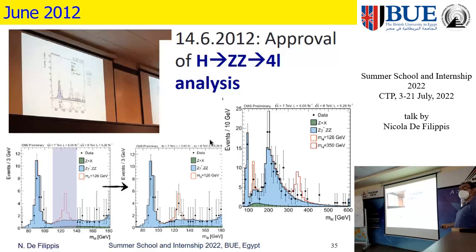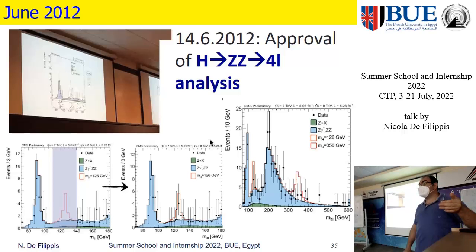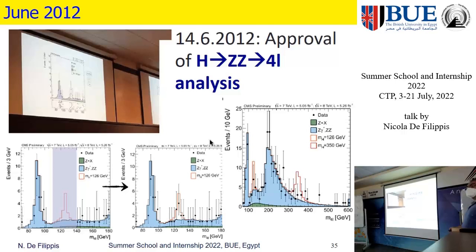This is what we call a blind analysis. So you don't want to be biased by the fact that there could be a potential signal somewhere. So what you do is you don't look at this region where a potential signal could appear. That's what we did.